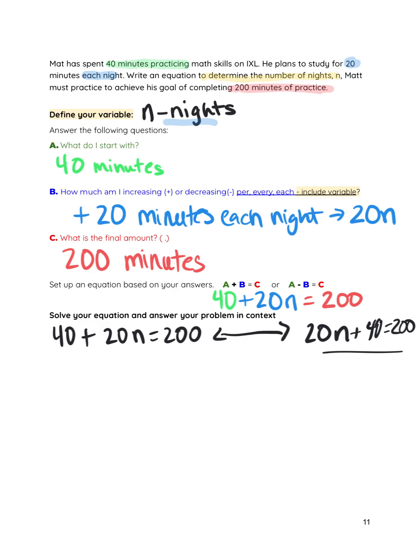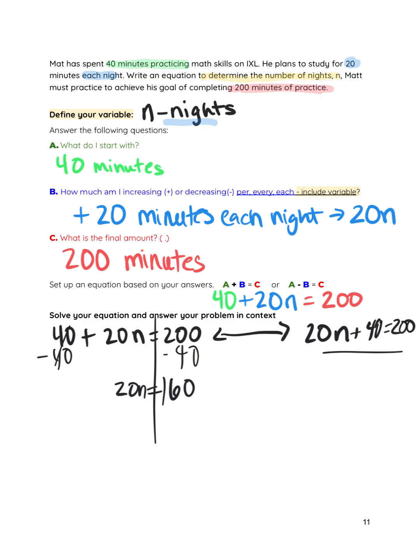We're still trying to get the variable by itself. So looking here, I'm going to just use this one. I want to get 20n on this side by itself, so I'm going to subtract 40 here, subtract 40 here. When I do that, I am left with 20n is equal to 160.